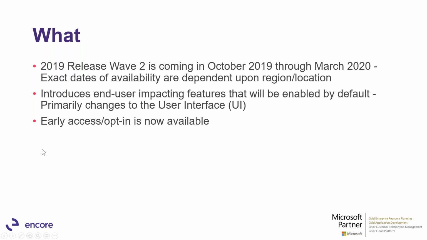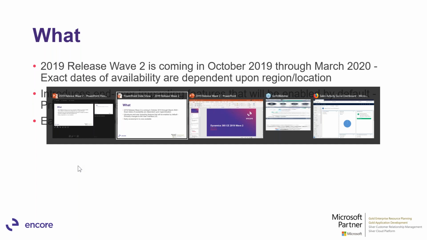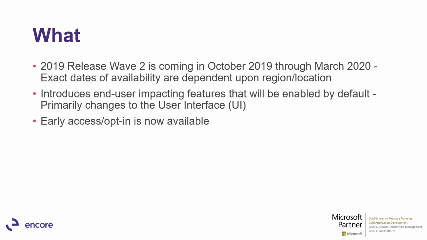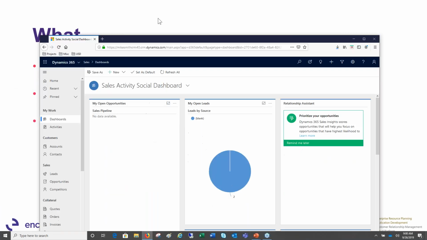And your early access opt-in is now available. So if you want to begin testing this in a sandbox environment, you should have availability to opt in and deploy this upgrade.